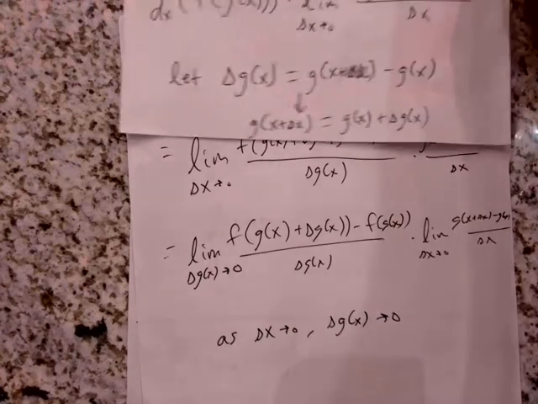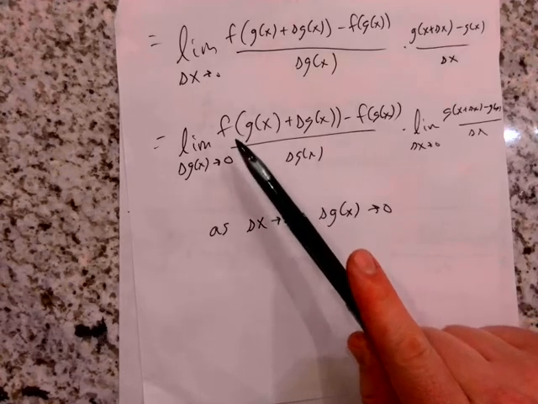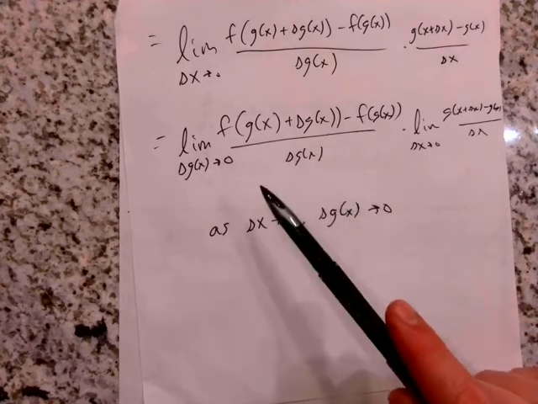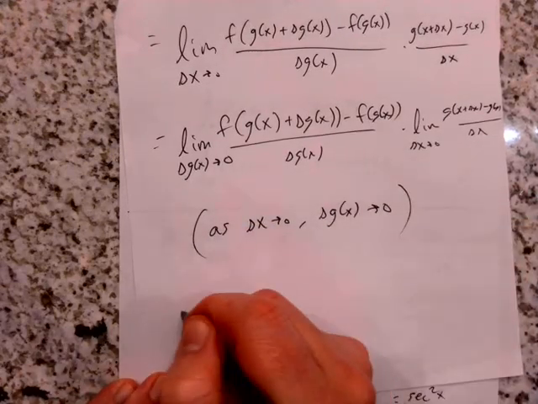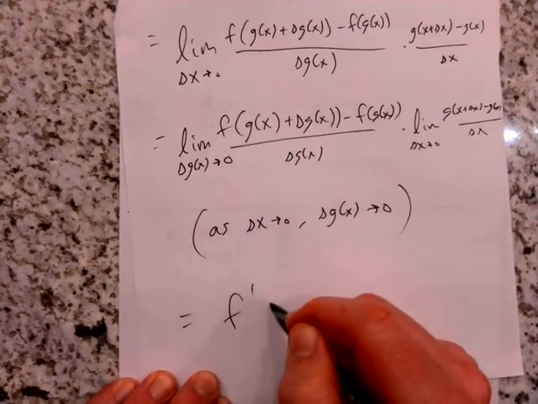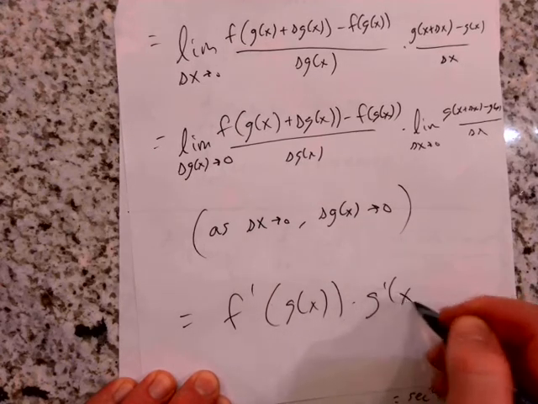And now we've got it exactly. This is f prime, where instead of x you have g of x as the input. This is g prime. So now we have f prime g of x times g prime of x.